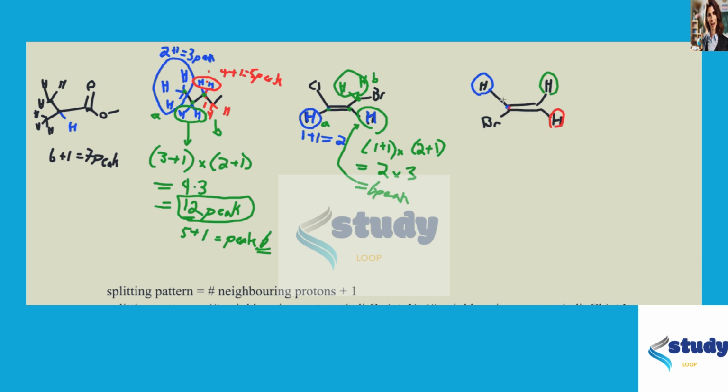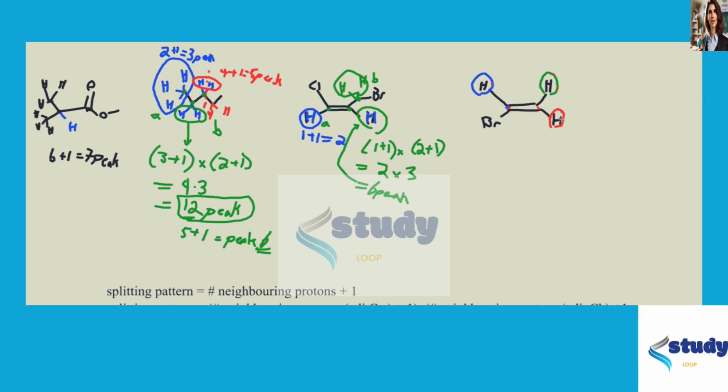Not only that, because we know all 3 of these are unique protons, that means that they will all cause different neighboring splitting for each other. So for example, if we're investigating the red proton here, its neighbor proton here is unique to its blue neighbor here.